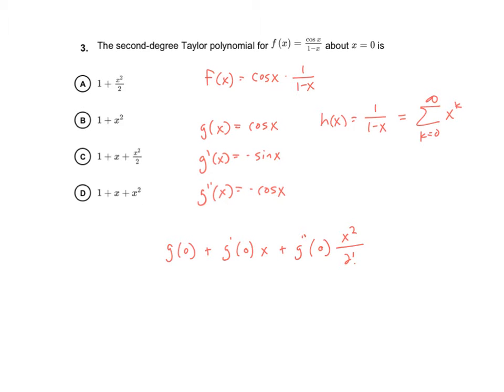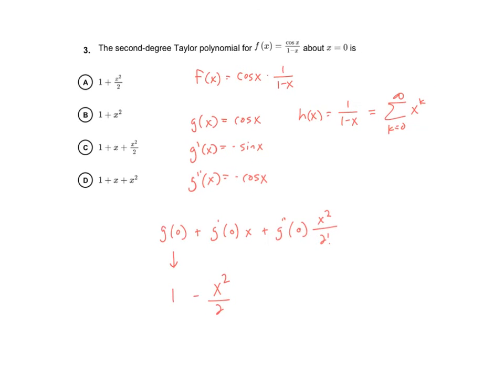And so g prime of 0 is 0, and g double prime at 0 is negative 1, so this will be negative x squared over 2. And then we could keep going, but this is basically cosine x.